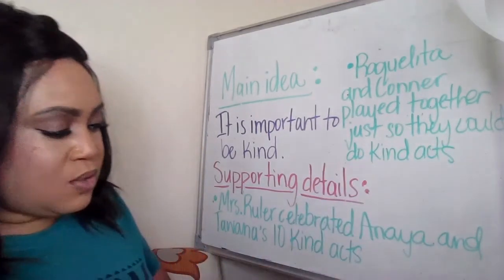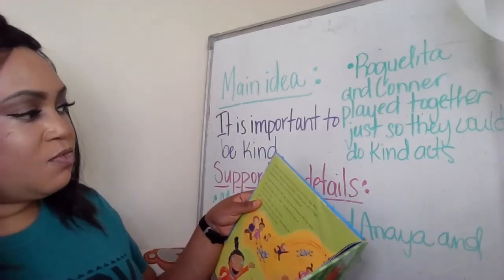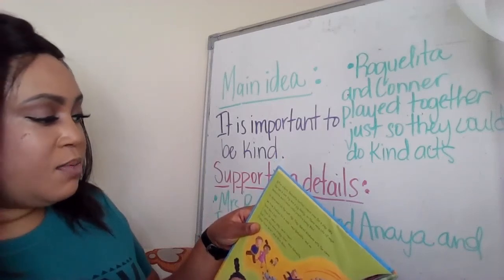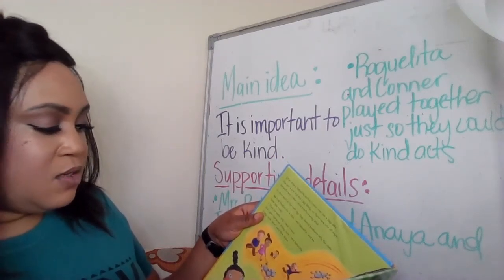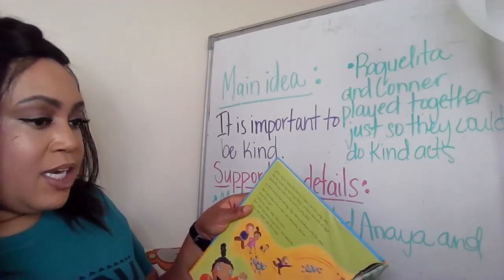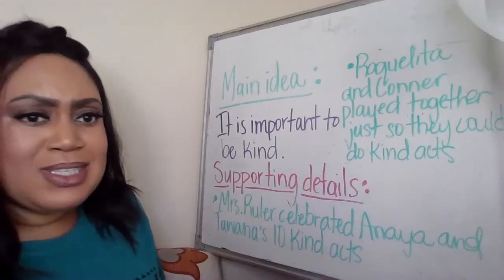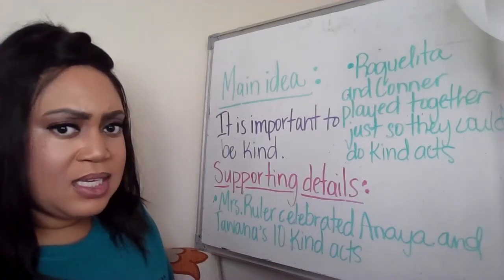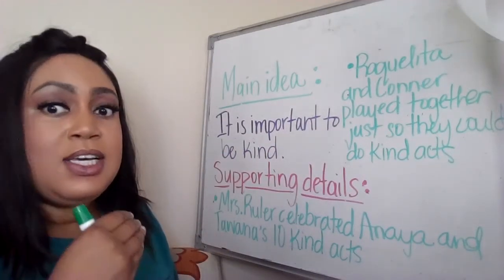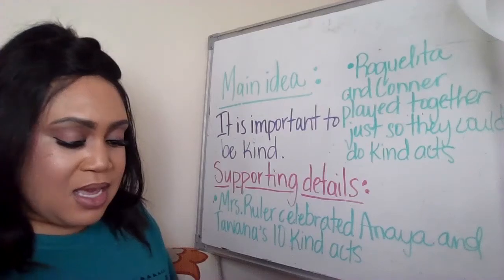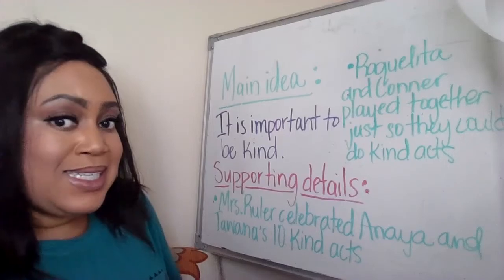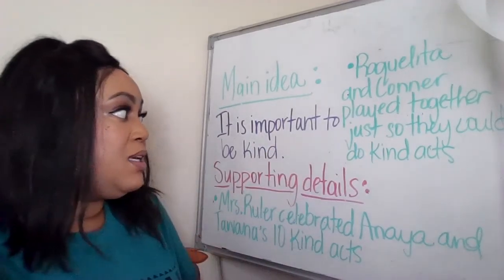It was at this point in the story where Roccoletta and Connor start sharing that they took the dog for a walk. They filled the dog's water bowl. They gave the dog food. They helped Roccoletta's grandparents. They gave the baby a bottle. So they didn't just get together to play. That wasn't the kind act. The supporting detail for this main idea is that they got together and played just so they could be kind.